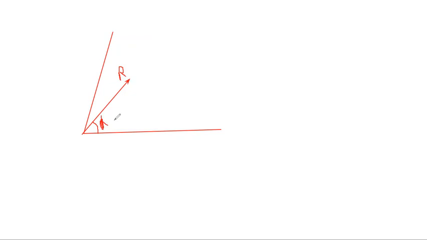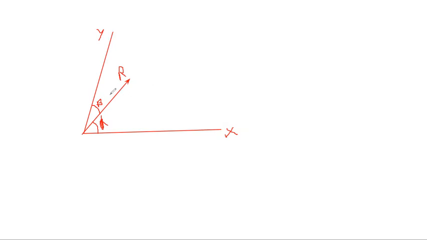Let this angle be alpha, right? And this angle be beta, alpha and beta. Okay. So these two directions, let this direction be x and let this direction be y. So we are going to resolve this vector R into two arbitrary directions given by x and y, right?